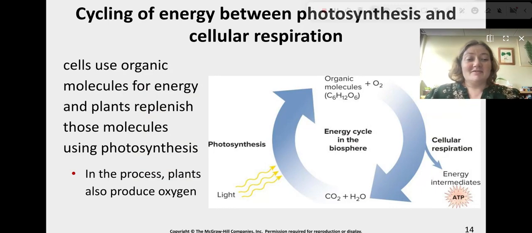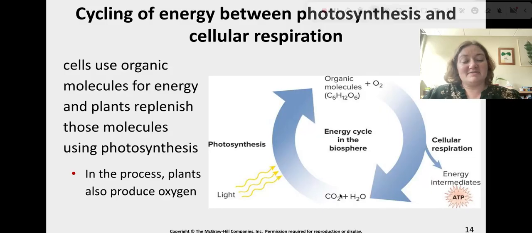So, photosynthesis is the process of making glucose molecules by harnessing the sunlight, right? So if we think about the interplay of cellular respiration and photosynthesis, we have our glucose molecules. Our glucose molecules can go through cellular respiration, creating ATP. It's also giving off some CO2 as a byproduct.